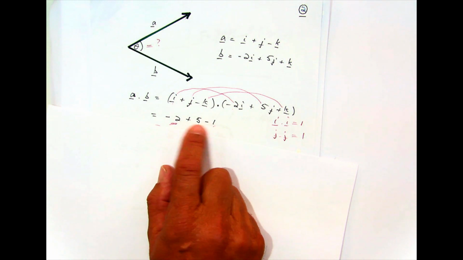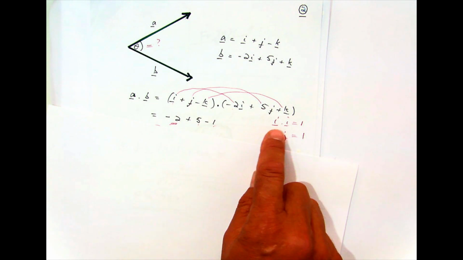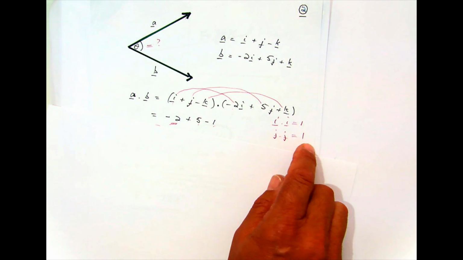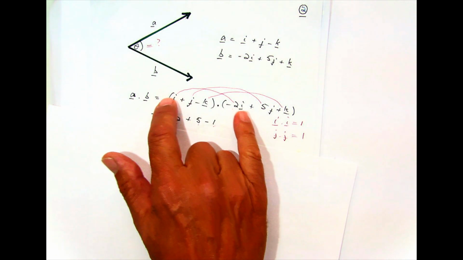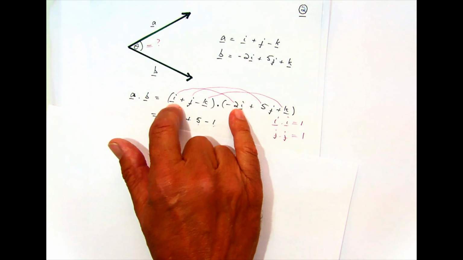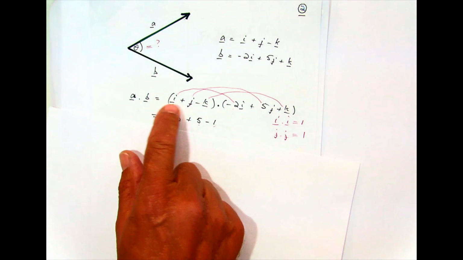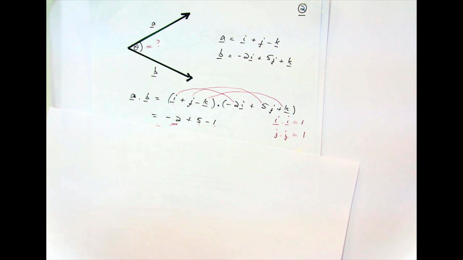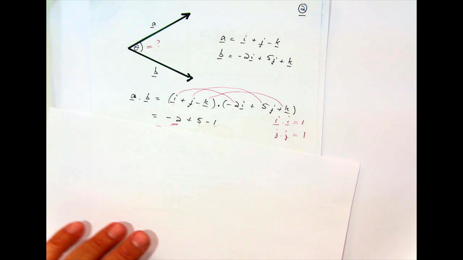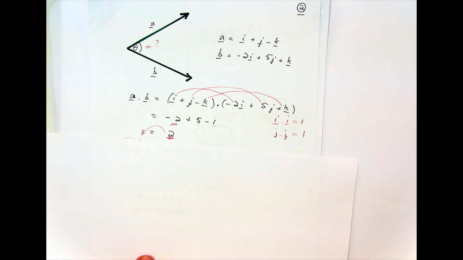So you take them in pairs, I with an I, a J with a J, and a K with a K. So that adds up to 2. 5 minus 3 is 2.